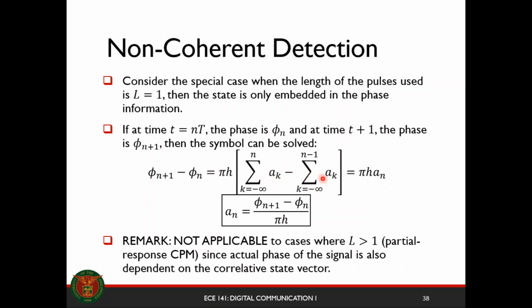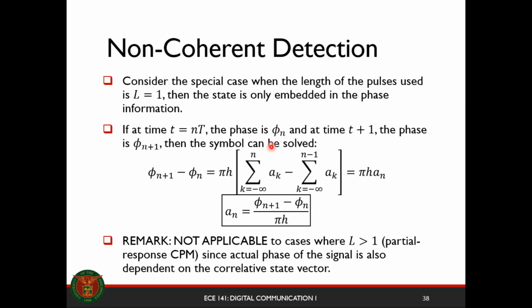If you take the difference of that, you'll just get the current input a sub n. And the current input a sub n is basically the phase difference between the next phase minus the current phase divided by pi h. And this will only apply to the case that L is equal to 1.